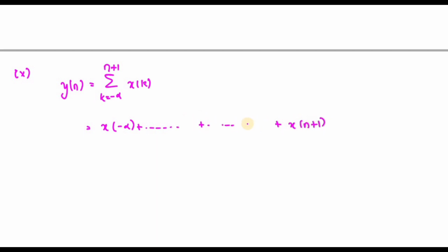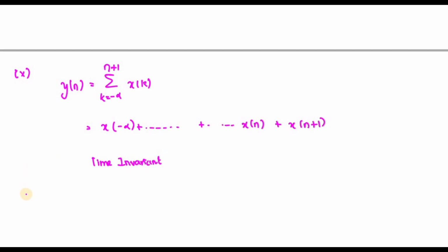So here you can see the n is not scaled, and there is no function like n into x(n). So this is definitely time invariant, right?